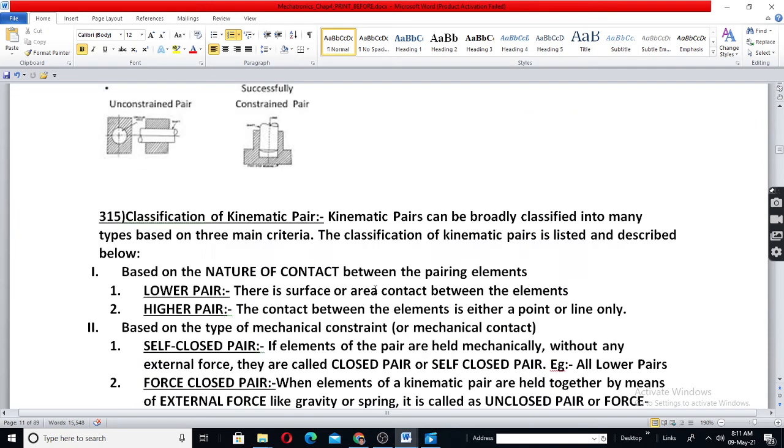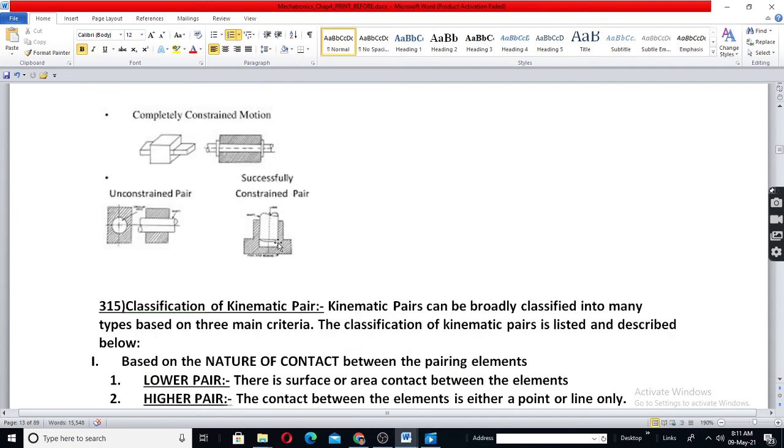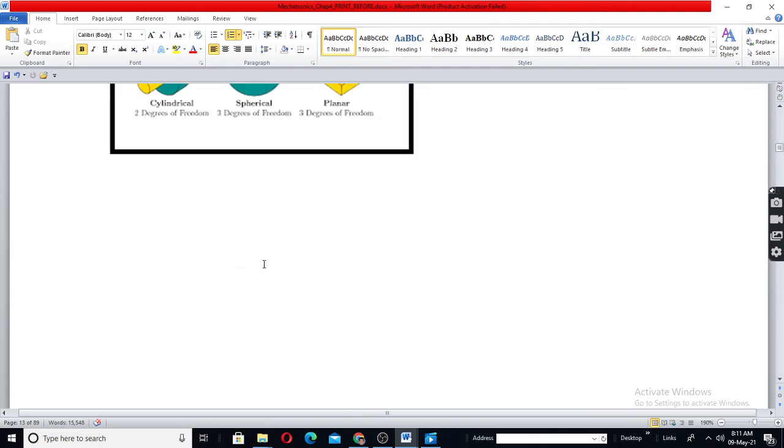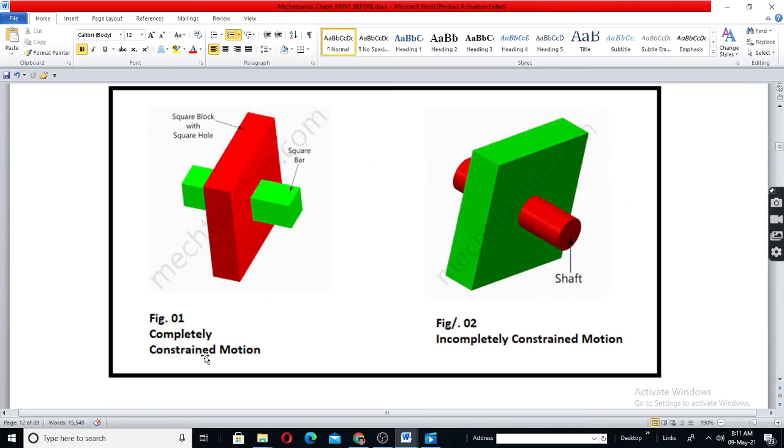see here also a figure is given, same figure. Completely constrained, unconstrained: you have 2 degrees of freedom. If you have only 1 degree of freedom, it is completely constrained. And if you do it by force, it is called successfully constrained. It is as good as completely constrained, but we don't call it completely constrained because its constraint depends upon the load.